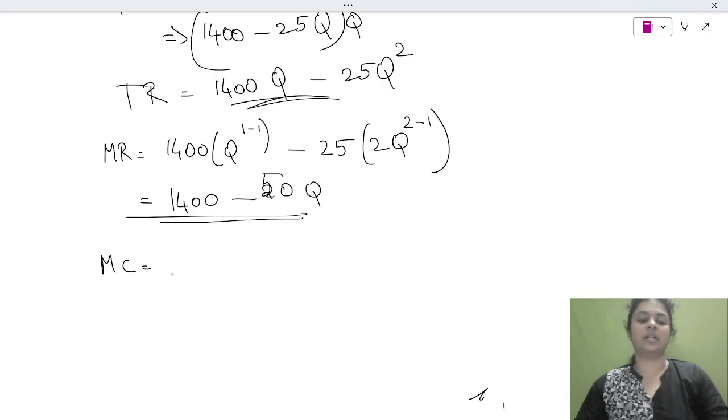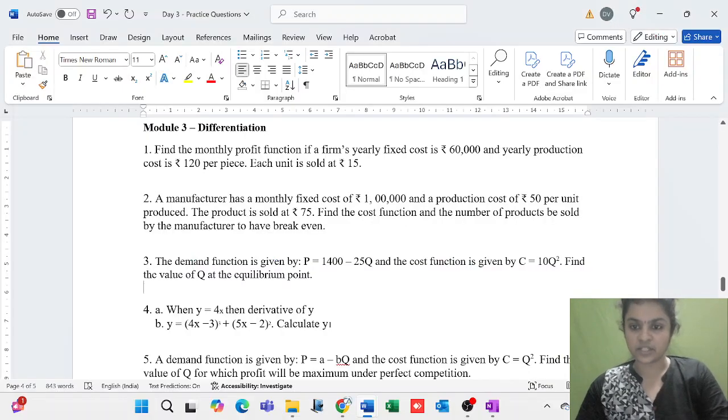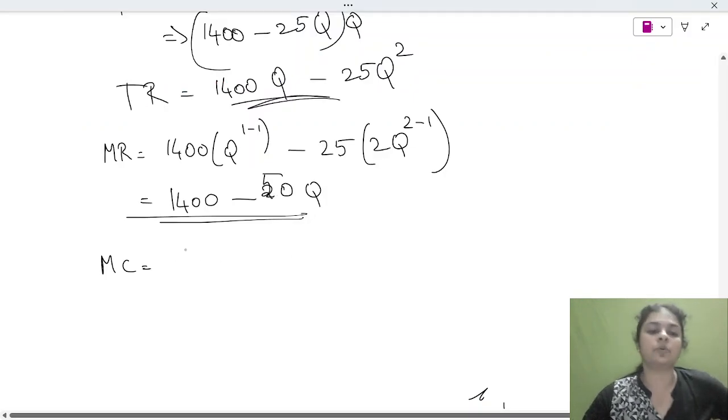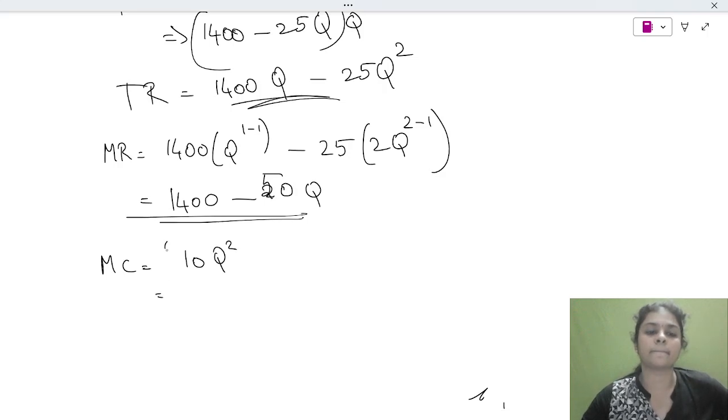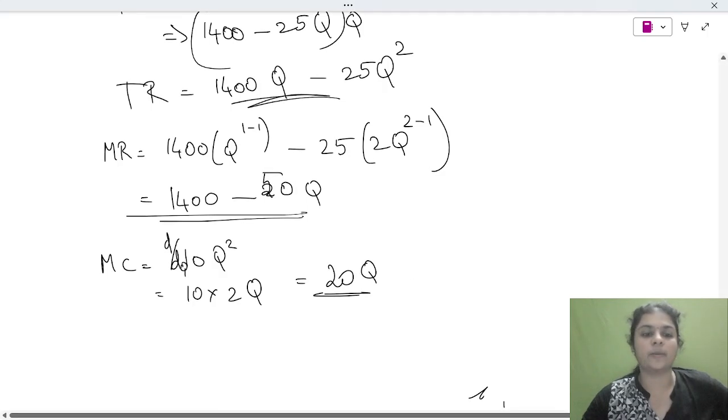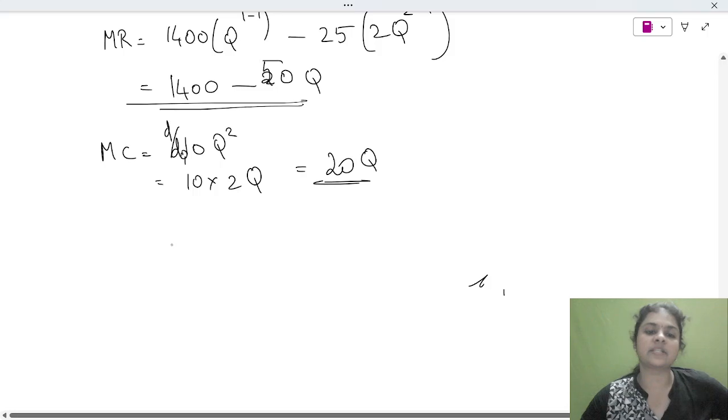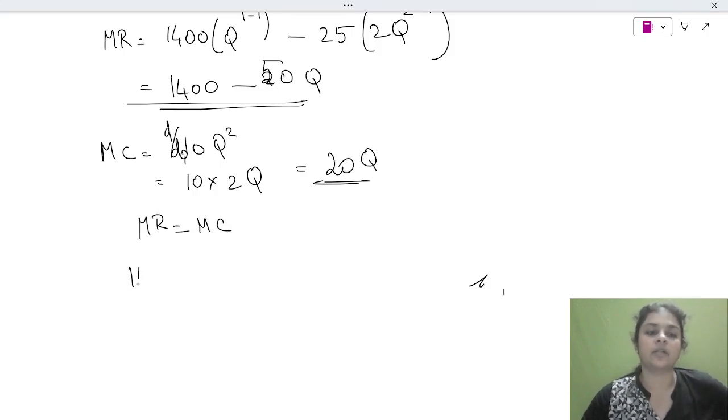Now come to marginal cost. C is equal to 10Q square. Can you tell me the differentiation? Ten into 2Q, which is 20Q. Now MR is equal to MC: 1400 minus 50Q is equal to 20Q.